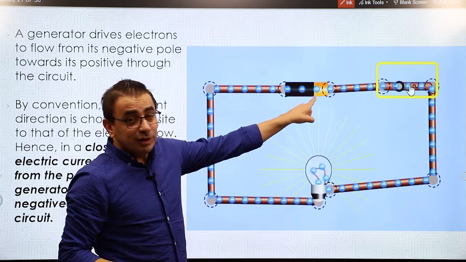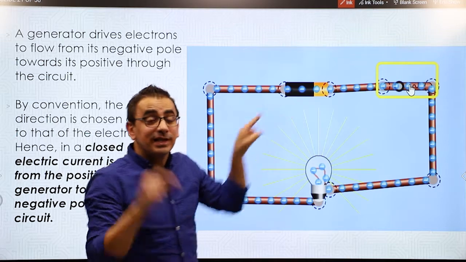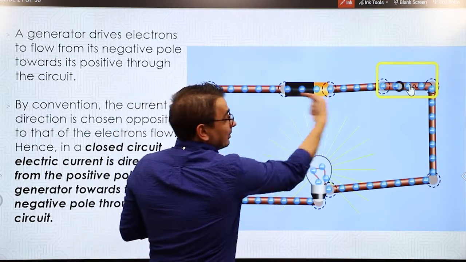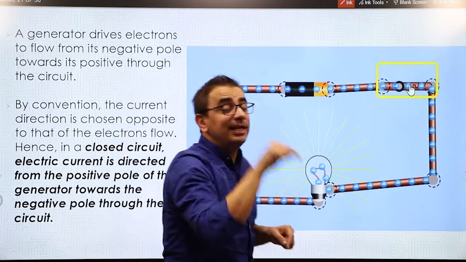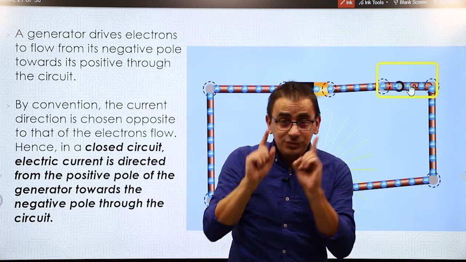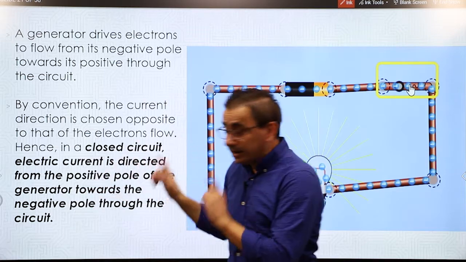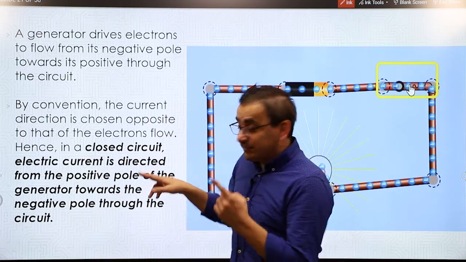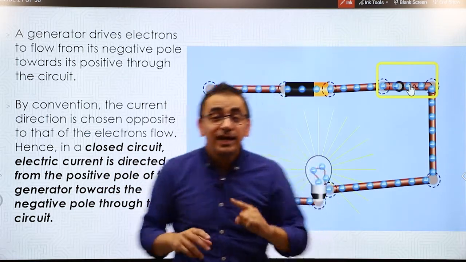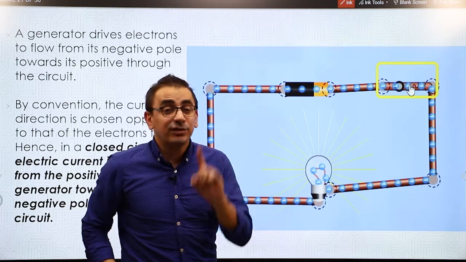Now, if you continue the motion of these electrons in the battery, they move like this, from plus to minus in the battery. That's why it's always important to mention that electrons flow in a certain sense, or current in the circuit is directed from positive to negative through the circuit, not through the battery.